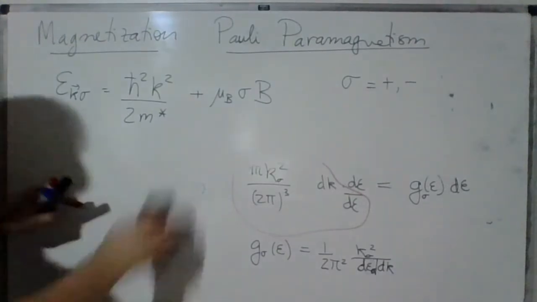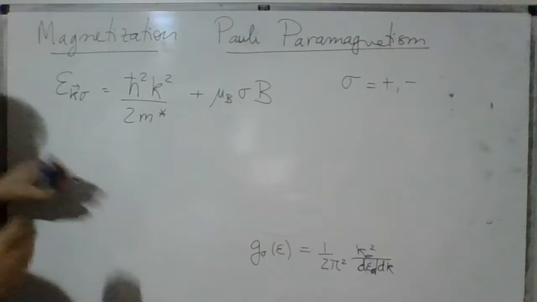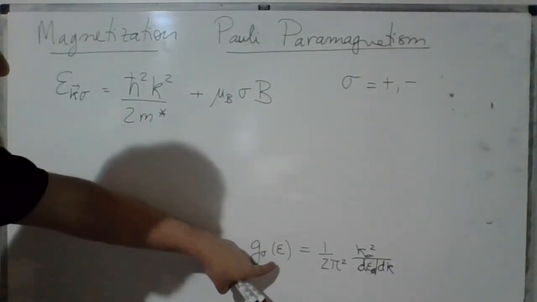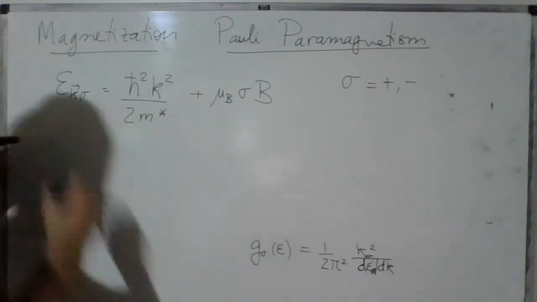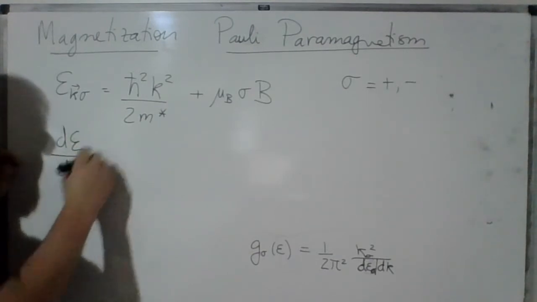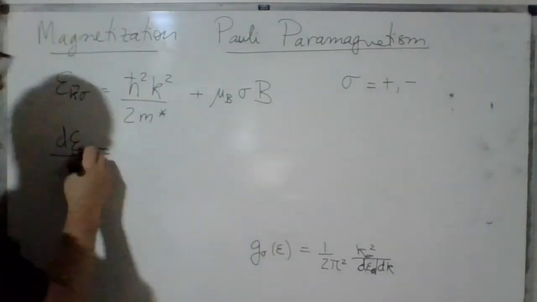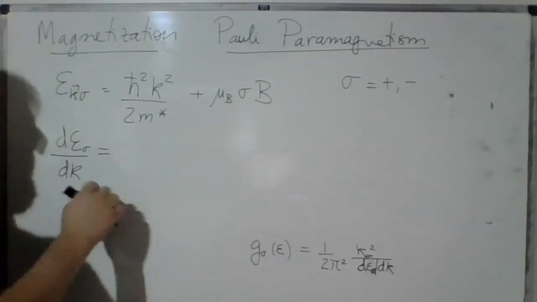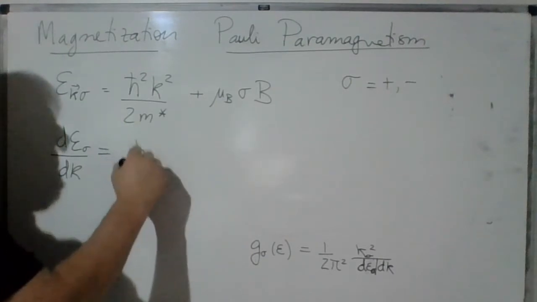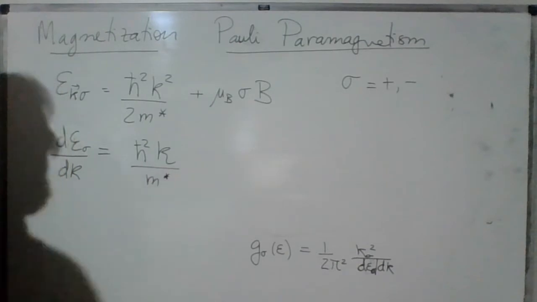Keep that in mind. Now, if we want to calculate for the spin up or the spin down, remember the derivative of the energy with respect to k, for the given spin, produces simply h bar squared k divided by m effective.